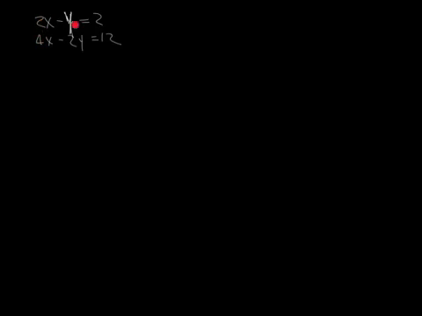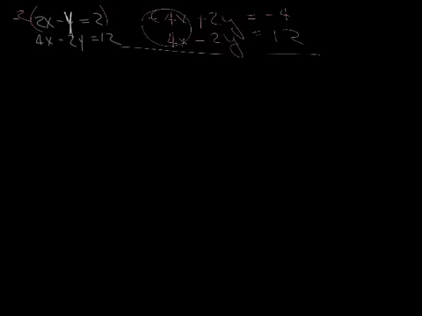So I'm going to multiply this whole top by negative 2, and that gives me negative 4x plus 2y, because negative 2 times negative y is a positive number. Negative 2 times 2 is negative 4. And then we've got a 4x minus 2y equals 12. Didn't change anything there. Those go away. Oh my gosh, those go away, and those go away.